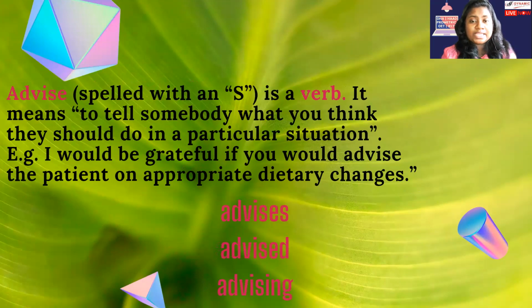That is the main difference: advice with C is a noun, advise with S is a verb. Here it means you tell somebody what you think they should do in a particular situation. That action of giving an opinion is what we represent using it.